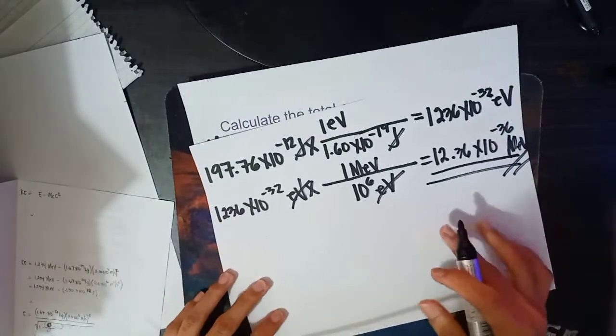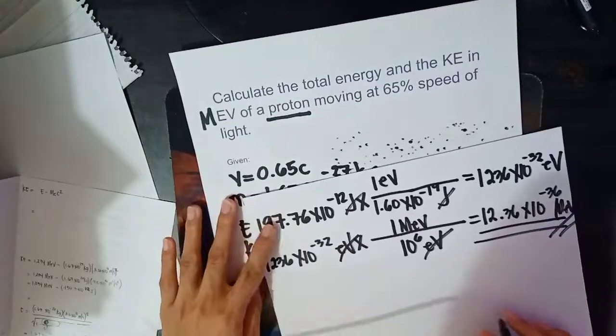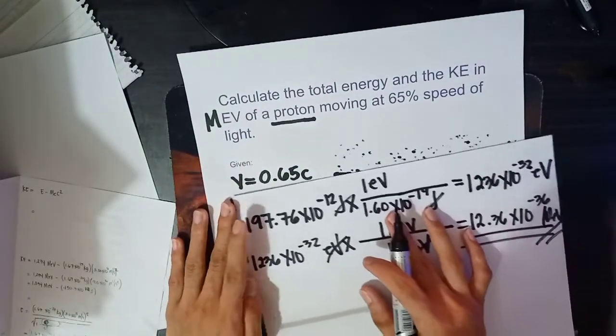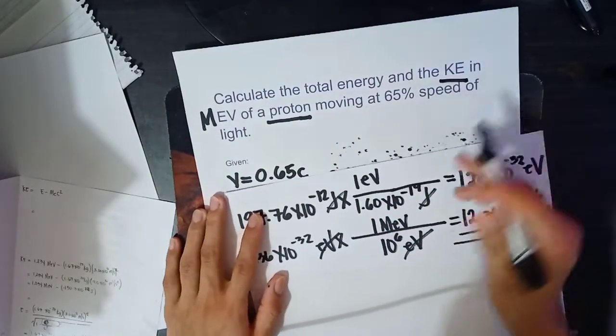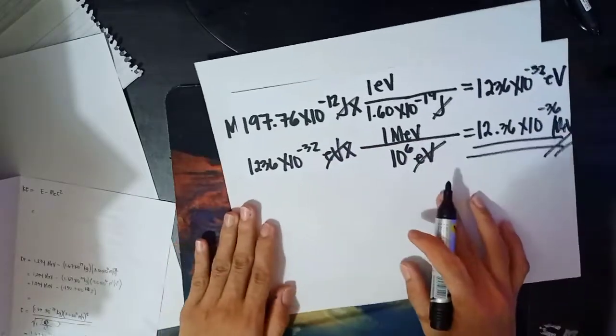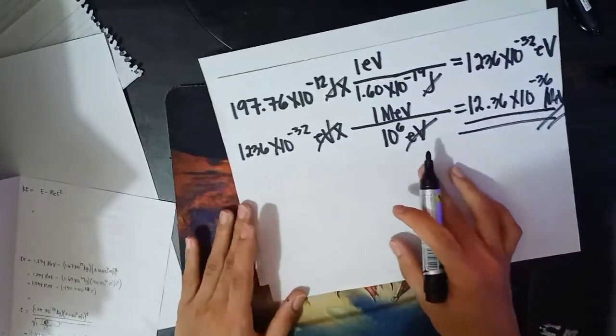Now we have our relativistic energy in mega electron volts. So let's now solve for the kinetic energy in mega electron volts.